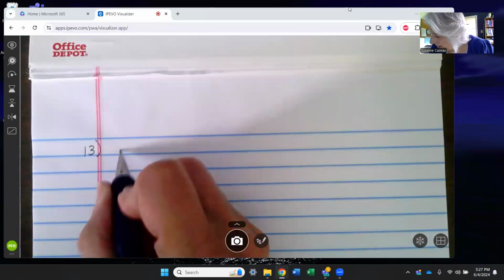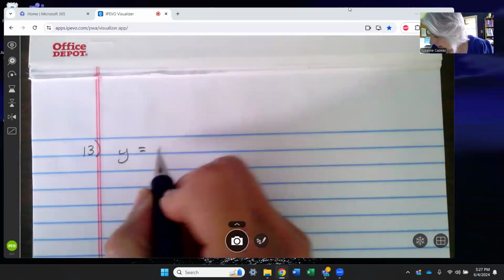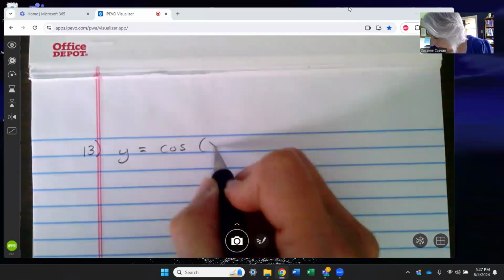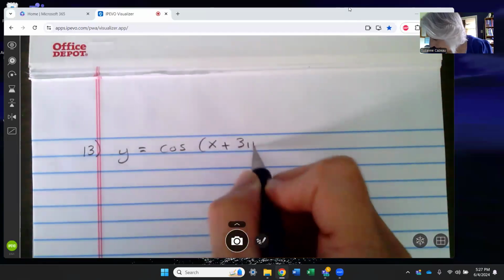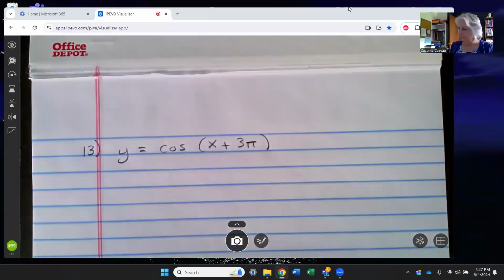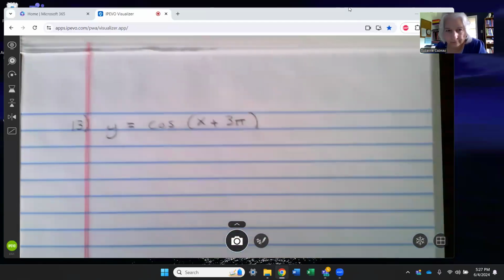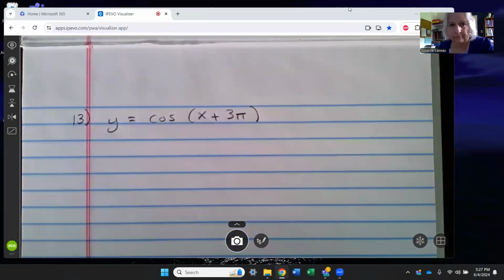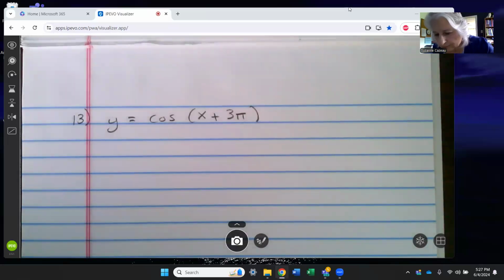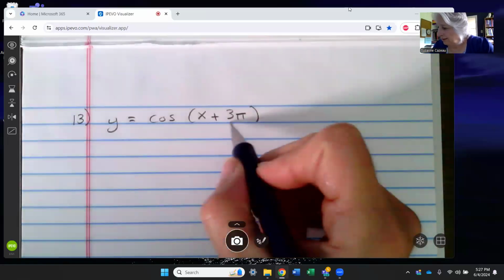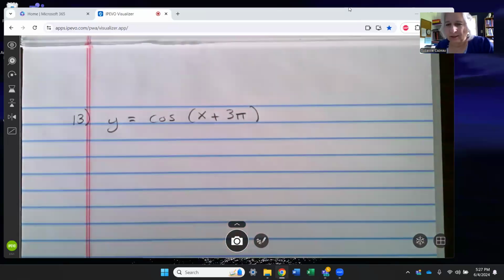So this one, we've got y equals cosine of x plus 3 pi. So there's only one thing that's happening right here, and that's the 3 pi. So this is a shift.